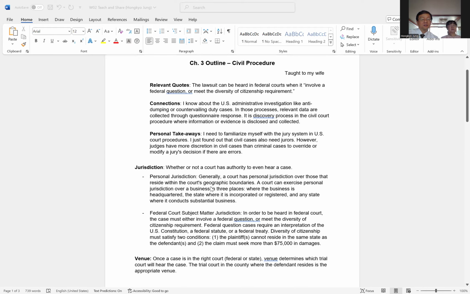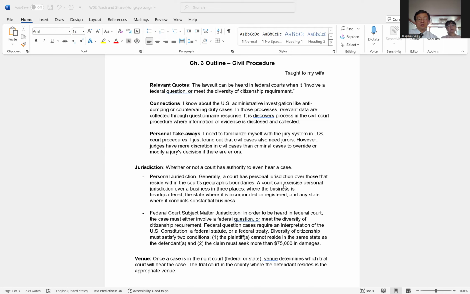There are two areas of jurisdiction. One is personal jurisdiction. Generally, a court has personal jurisdiction over those that reside within the court's geographic boundaries.